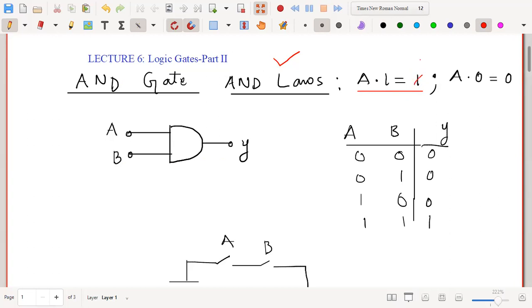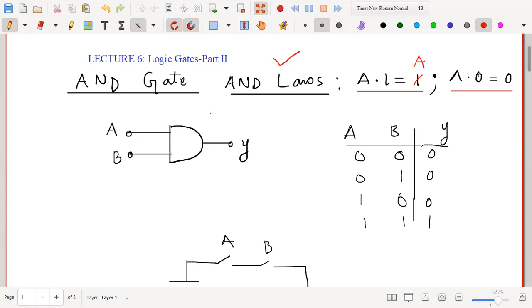This should not be 1, this should be A. So if any variable is ANDed with 1, you would get the same variable. And if any variable is ANDed with 0, you would get a 0. These are the two AND laws which you should remember before we actually go to the AND gate.